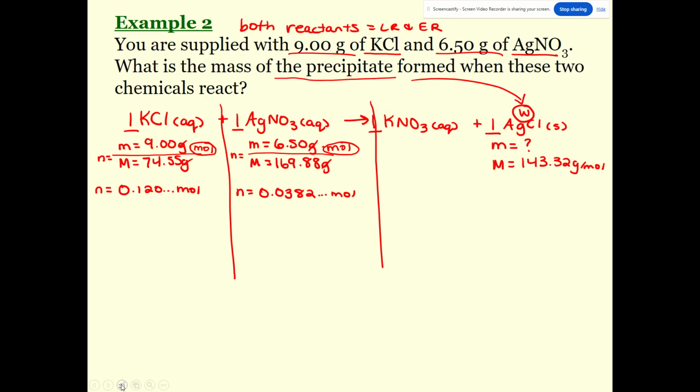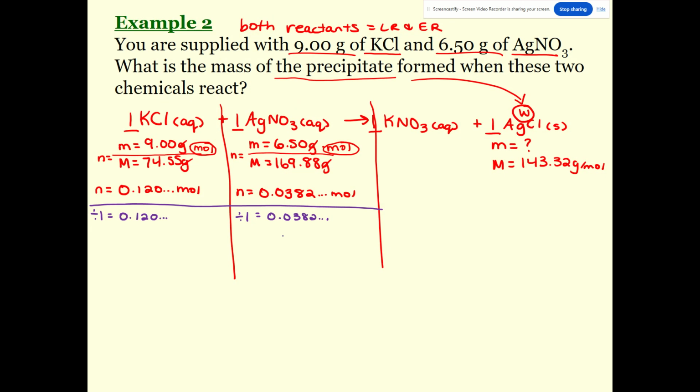Okay, now I have to remember, do that purple step, that extra step, where I divide by their balancing coefficients to compare them or even them out on a 1-to-1 mole ratio. Now, these are ones, but you still have to show this step, okay? 0.0382. Okay, you still have to show this step. It's marks for that step.